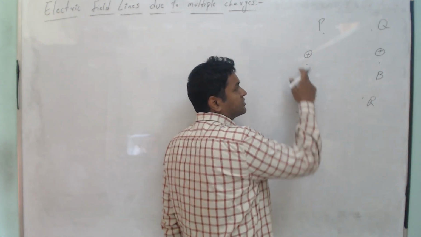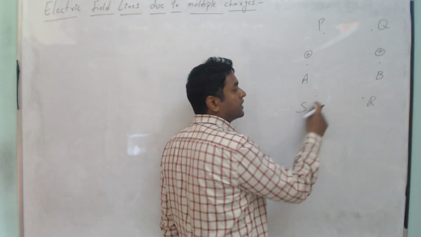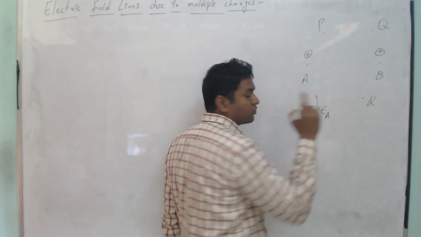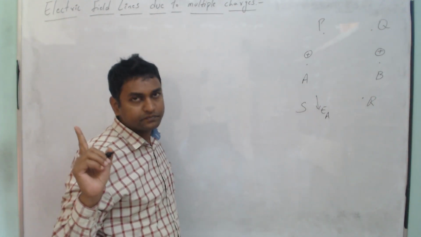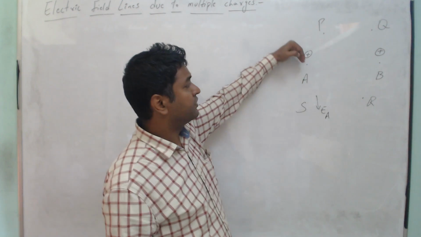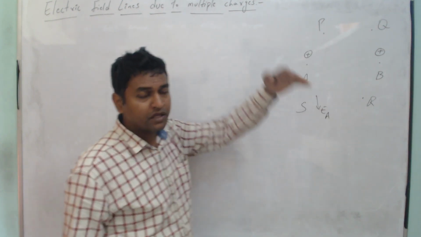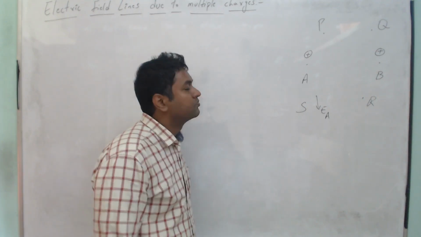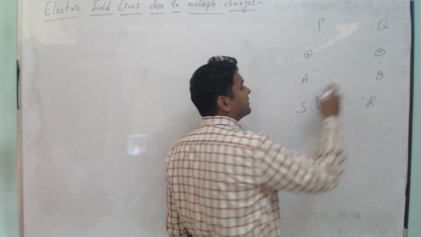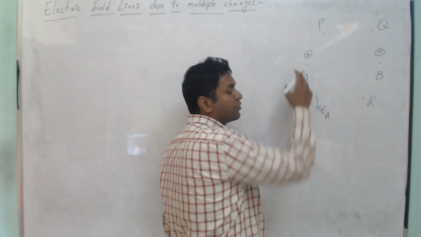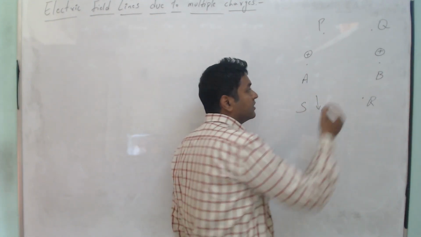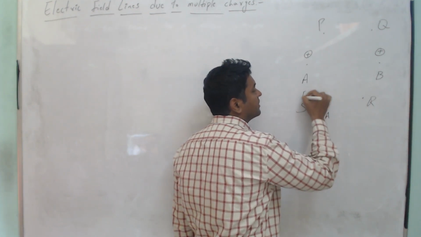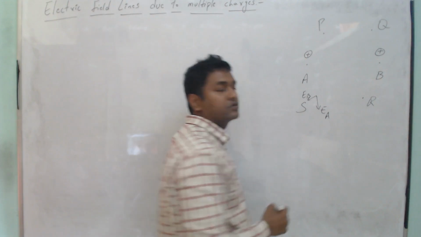Point S is closer to point A, so the electric field due to the charge at A will have greater magnitude. Is this clear? Yes, sir. And the direction of the electric field due to the charge at A will be away from A because it is a positive charge. Yes, sir. Point B is farther from point S compared to point A, so the magnitude of the electric field, EB, will be lesser because of the distance.